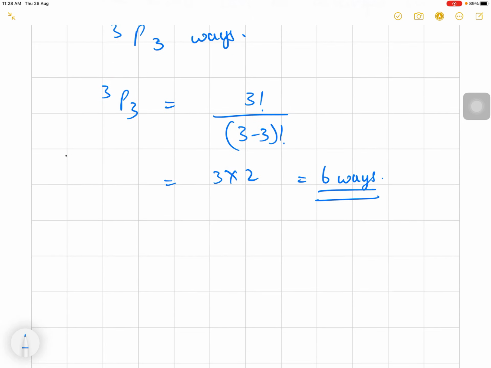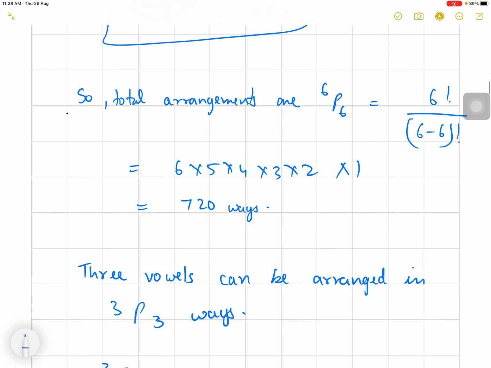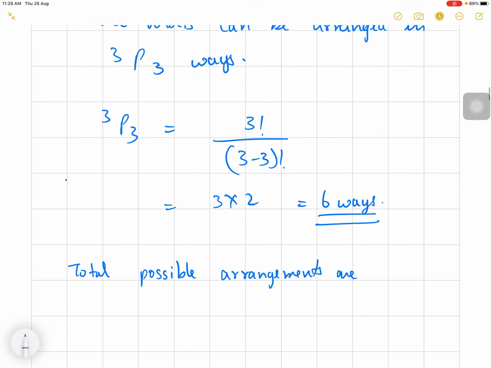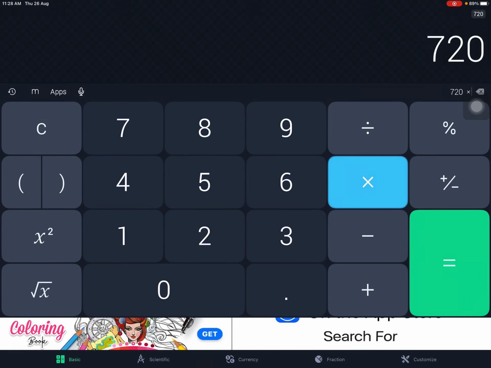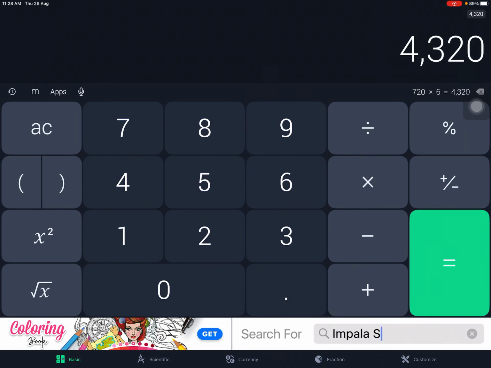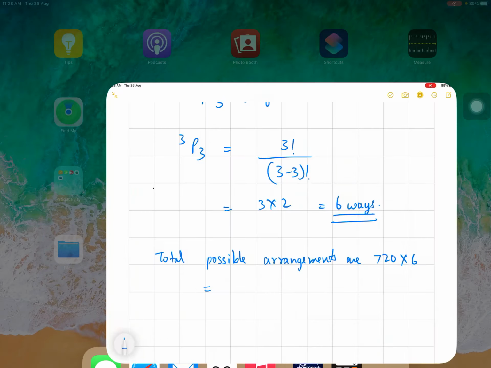So total possible arrangements are 720 multiplied by 6, which is 4,320 ways.